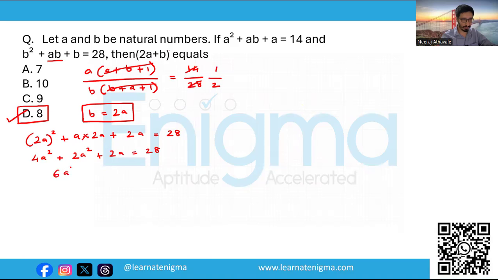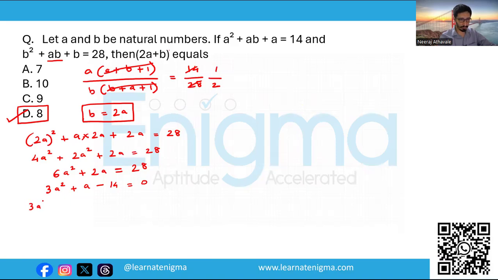So adding it, we get 6a square plus 2a is equal to 28. Dividing throughout by 2, we get 3a square plus a is equal to 14. Let's bring the 14 to the left hand side, so that becomes minus 14 is equal to 0.